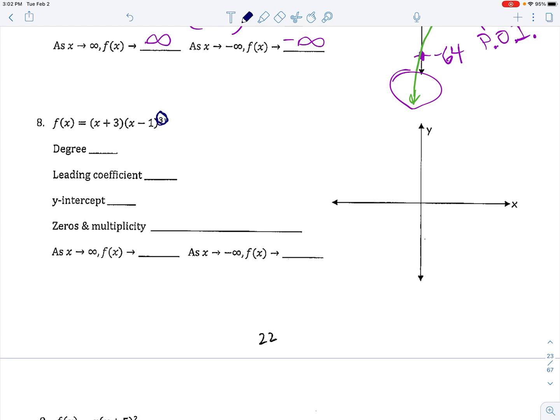So that's odd multiplicity. You can use the exponent to determine whether it's going to be odd or even multiplicity. So we're going to have some odd multiplicity there with x minus 1 because it repeats 3 times.